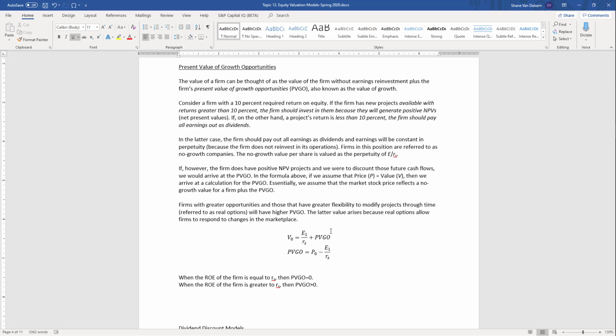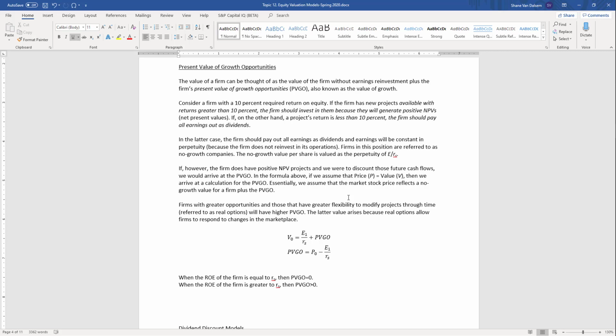If a firm's value is heavily weighted on this present value of growth opportunities, that's a little riskier situation, and some people refer to that as thesis investing. In other words, you're not buying what the company's currently doing, you're not buying their current earnings, you're buying a thesis, an idea about the company and how they're going to grow in the future. And that can be a lot riskier.